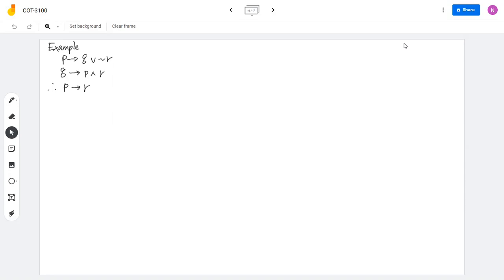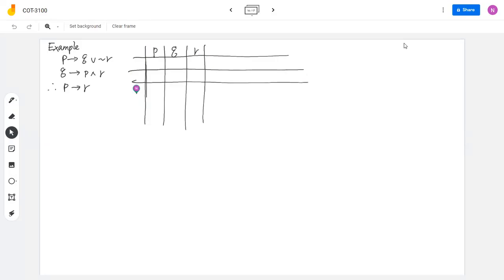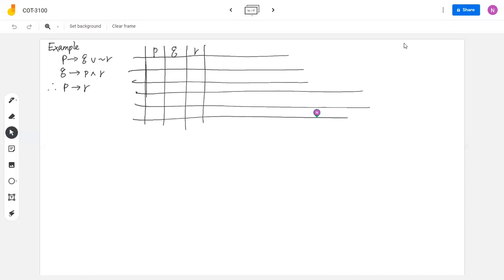But this truth table is more complicated because we have 3 variables, P, Q, R, and therefore we build a larger truth table. Because we have 3 variables, there are 8 rows. So we have P, Q, R, and rows 1, 2, 3, 4, 5, 6, 7, 8.